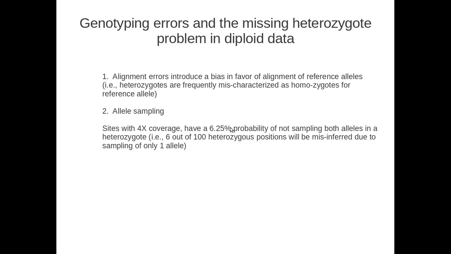So 6% of the heterozygous genotypes in a 4x coverage genome will not contain both bases at a position that is heterozygous in the genome, simply because of what we call binomial sampling. Each read represents a random draw at that site with a 50% chance each time, so 6.25% of the time at 4x coverage, we will not sample both alleles.